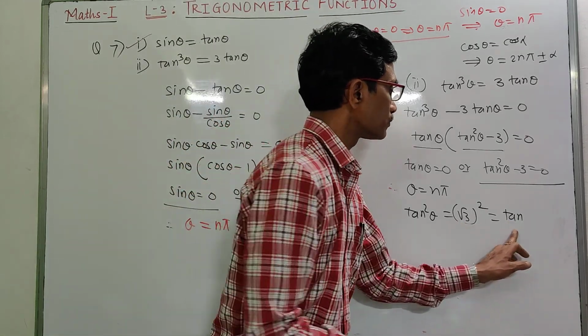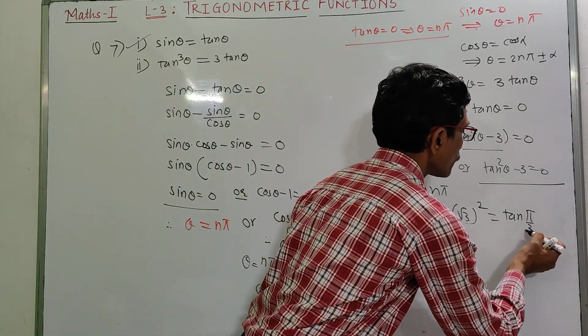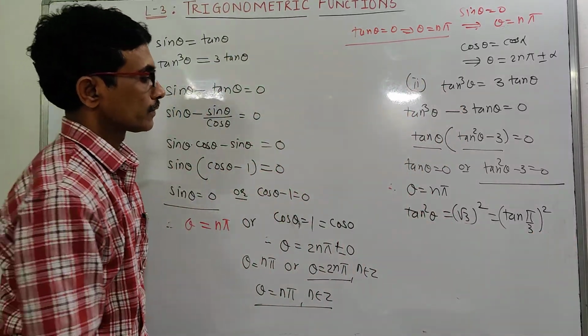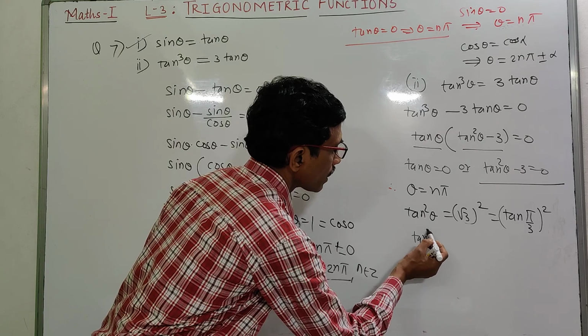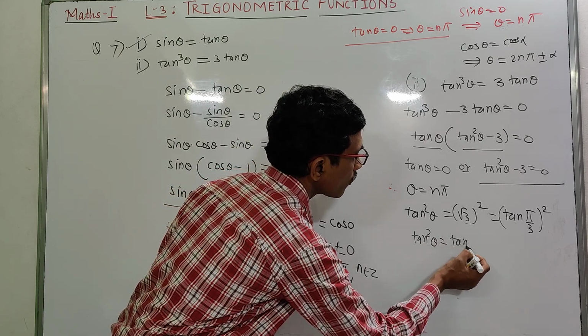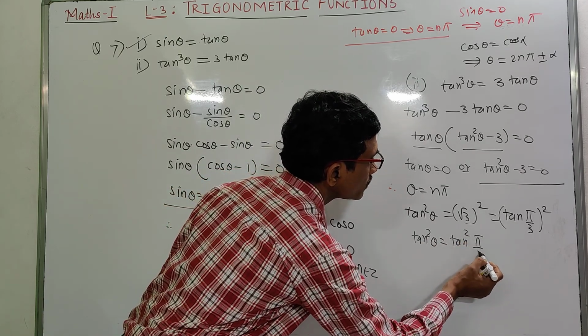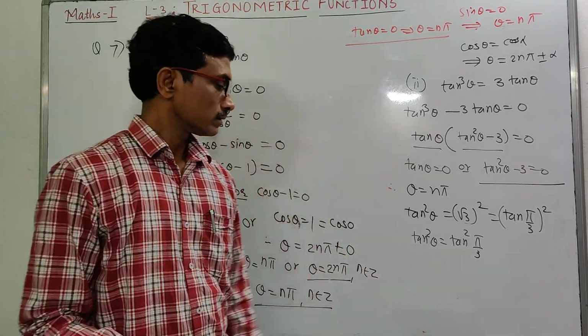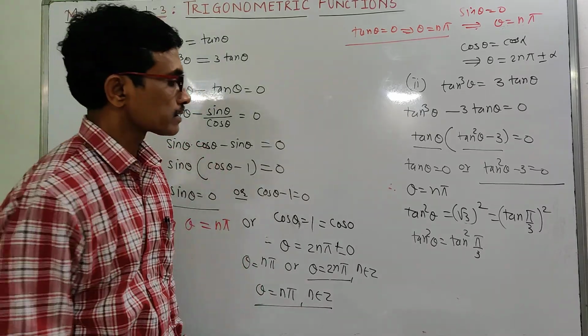So root 3 is what? Tan pi by 3 whole square. That means it is of the form tan square theta is equal to tan square of pi by 3. Now apply tan square theta is equal to tan square alpha, so theta is equal to n pi plus minus alpha.